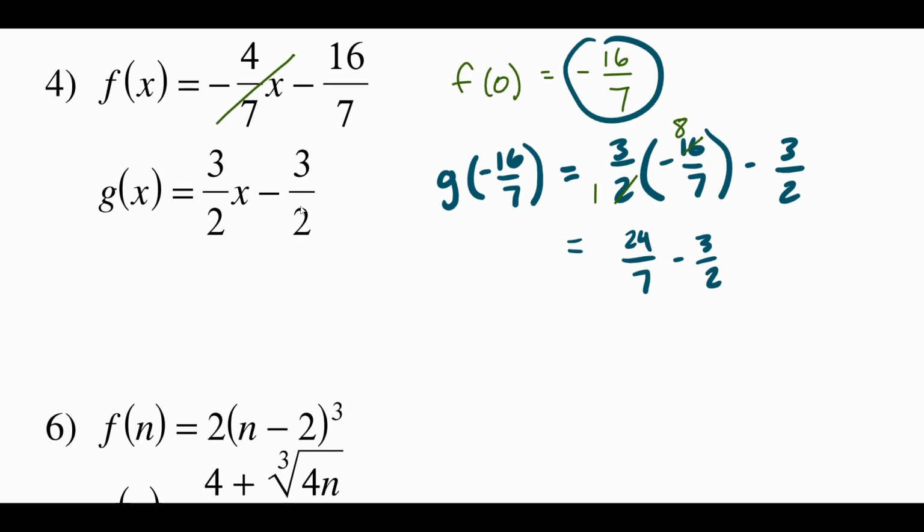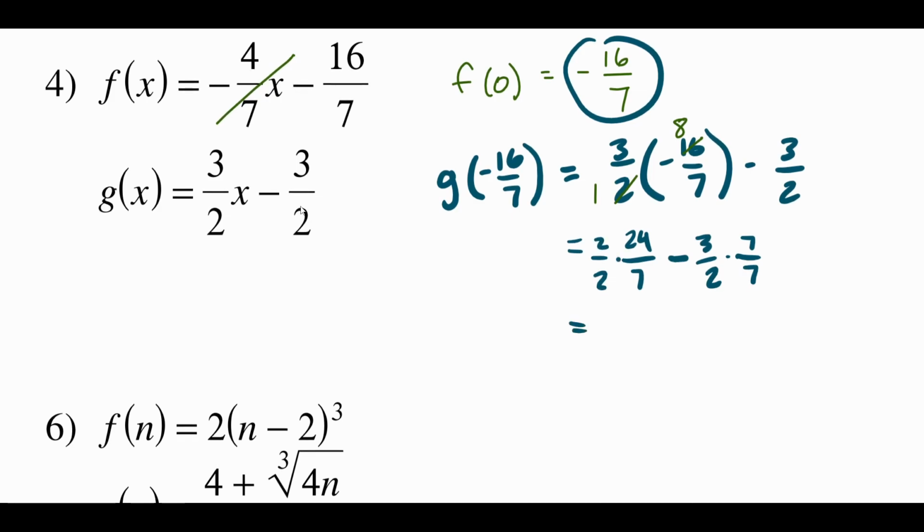Now in order to simplify this down, I need a common denominator since I'm subtracting fractions. So the easiest way to find that common denominator is just to multiply by the other denominator. So 7 is going to get multiplied by 2, and 2 is going to get multiplied by 7, but I need to always multiply by the number 1 so that I don't change the value of my overall function. So 7 over 7 and 2 over 2.